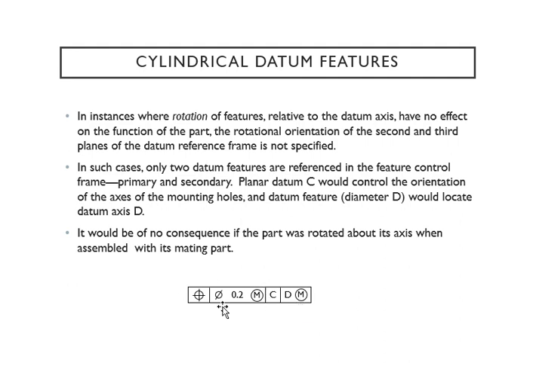This is your feature control frame: C is your primary, and D is your secondary. We are controlling the holes at a diameter of 0.2 at maximum material condition. Your C will control the orientation of the axis, and then your D is going to control by locating the datum axis.